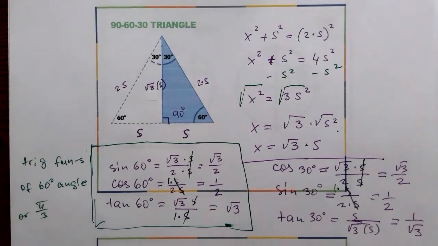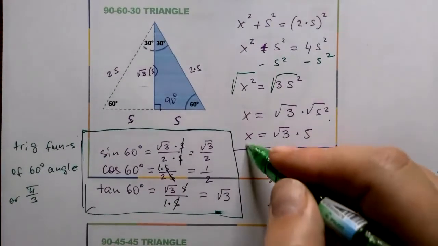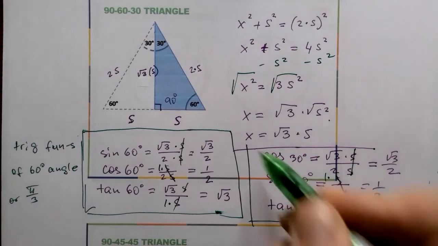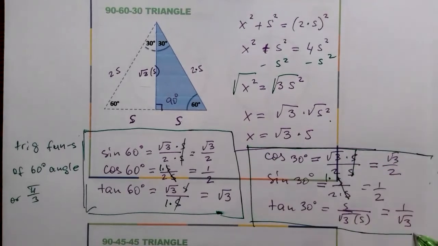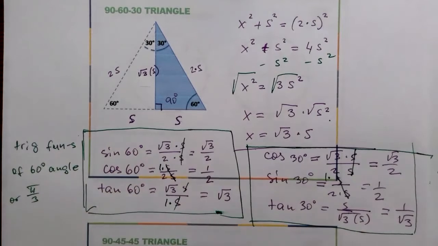So now these are the trigonometric functions of 30-degree angles. And once we know these 3, then we automatically know secant, cosecant, and cotangent as well, because they're just flips of these 3, or reciprocals to be correct.